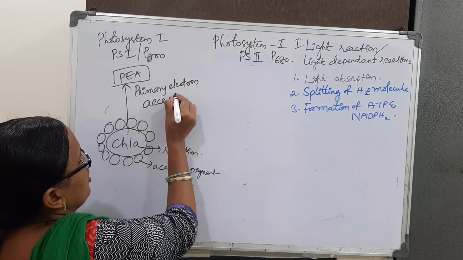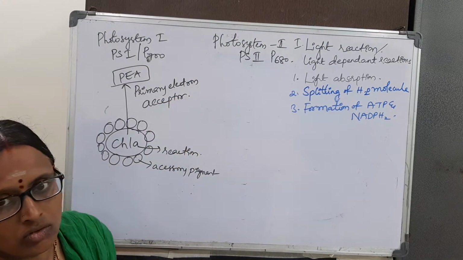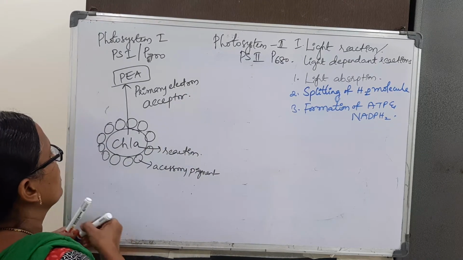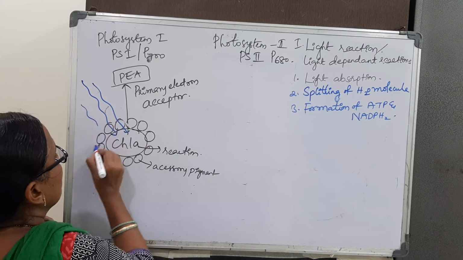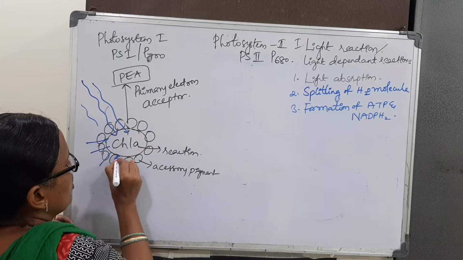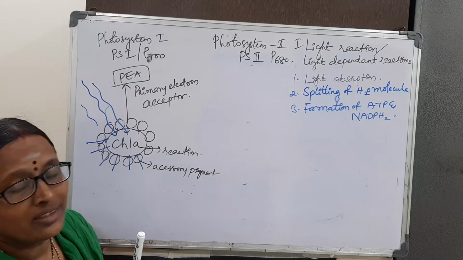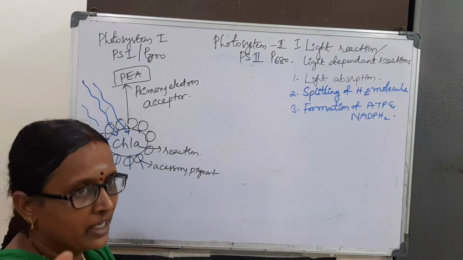So when the chlorophyll molecule and other pigments absorb the light, they absorb different wavelengths of light. To absorb the light, all the pigments behave independently.